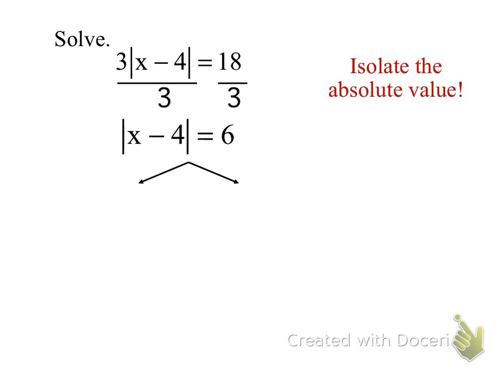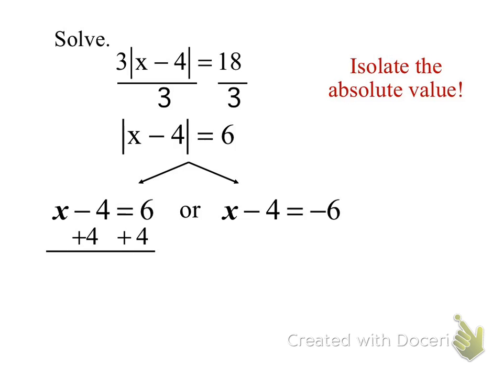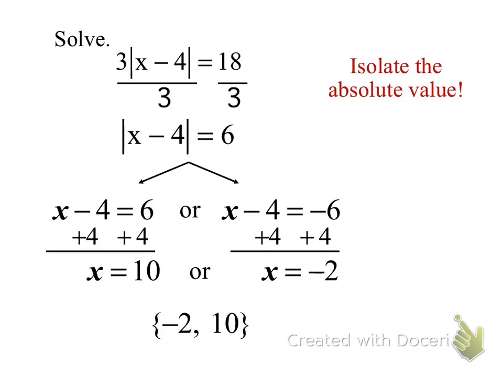And now we have x minus 4 is equal to positive 6 or negative 6. Adding 4 to both sides. And you should have x is equal to 10 or x is equal to negative 2.